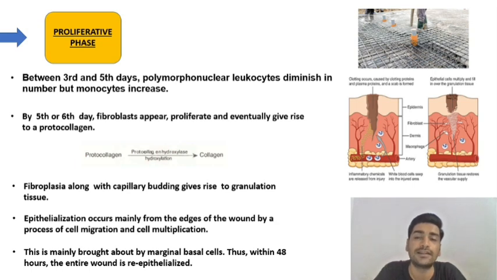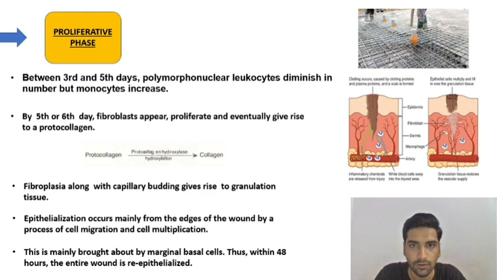What is capillary budding? Wherever there is tissue injury, there is cut off of the blood supply, right? So now to establish the new blood supply in that area, there will be formation of new capillaries. So increased number of fibroblasts plus more number of capillaries give rise to the formation of granulation tissue. You already have your inflammatory cells, inflammatory mediators, fibroblast, collagen.